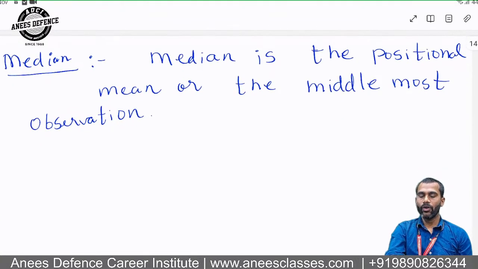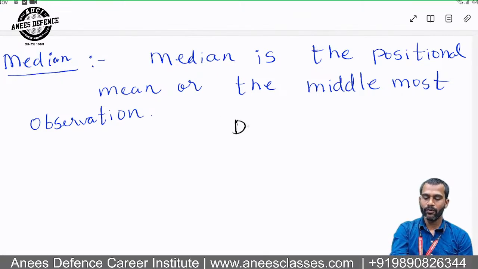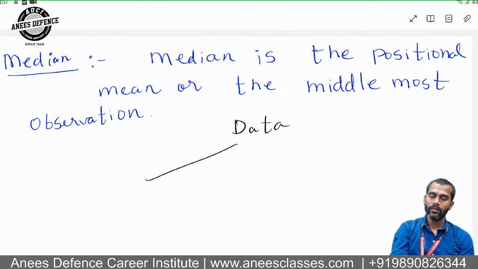So for two types of data. First one, discrete ungrouped and discrete grouped, or maybe continuous. First, tell me. Discrete data and continuous data. So data can be divided into how many parts? Two parts for median. Tell me.